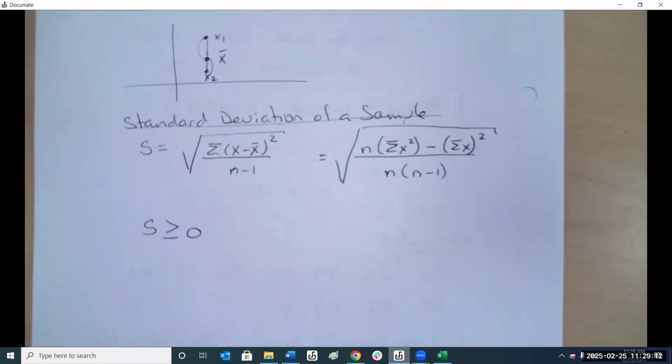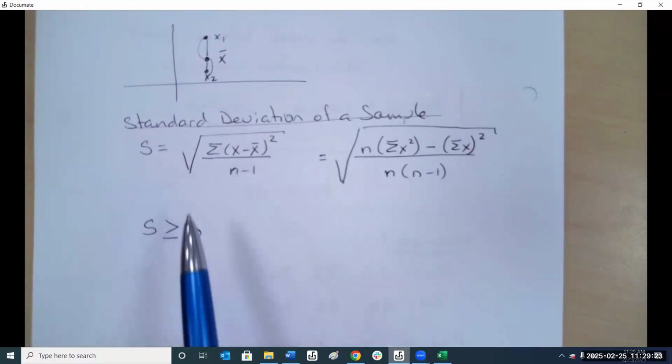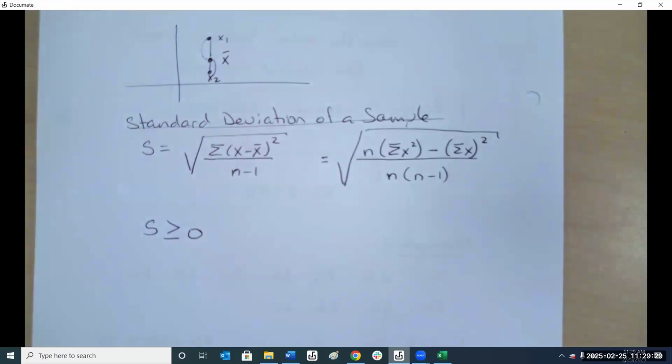That's very true. There's no definition. It's the distance. All distance is always absolute value. It's always positive. But that's very good. That's going by the definition of it. But also, can you ever take a square root of a negative number? No. And you notice this number here can never be negative.